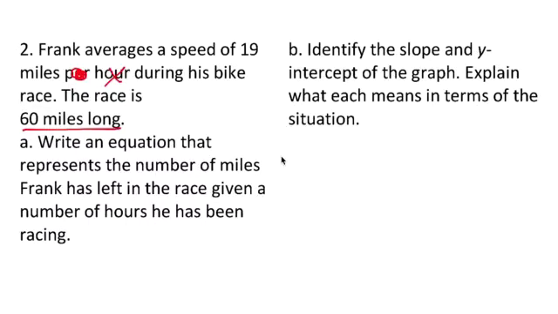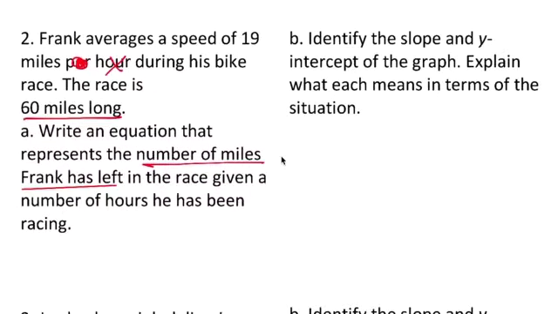Okay, so I'll write an equation that represents the number of miles Frank has left in the race, given a number of hours. It equals the number of miles he has left.